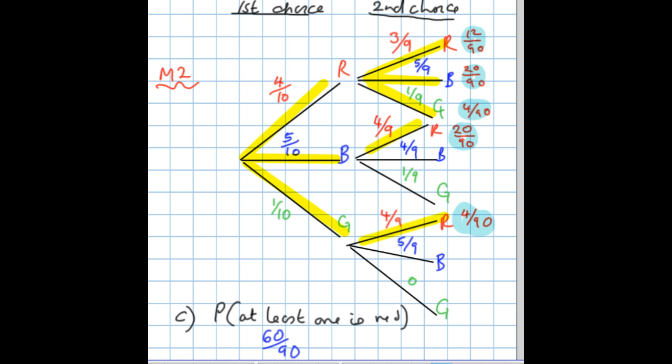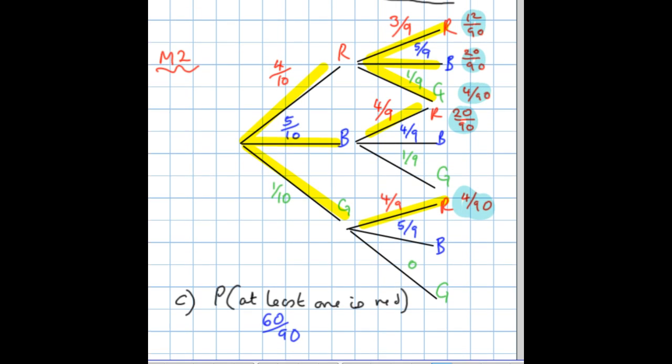Now I mentioned a shortcut. Is it much of a shortcut? Well, it's not a huge one, but it's a slight one. We could have worked out the probability that none are red, and let's just do that then.